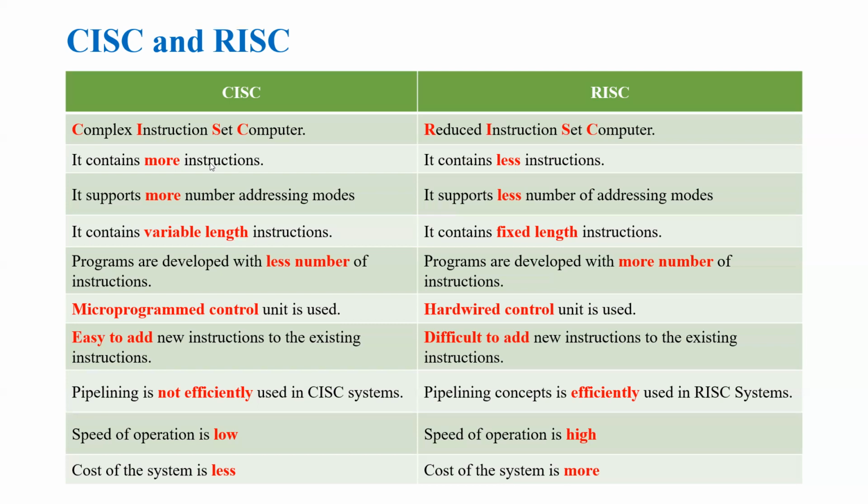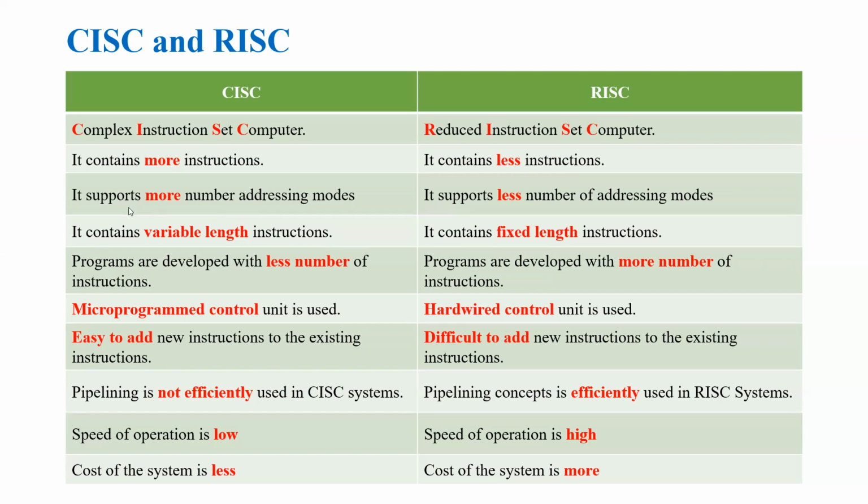It does not mean that it has complex instructions and doesn't have simple instructions. That is not the meaning. Complex instructions means it contains more number of instructions. Coming to RISC, reduced instruction set computer, that means it contains less number of instructions.